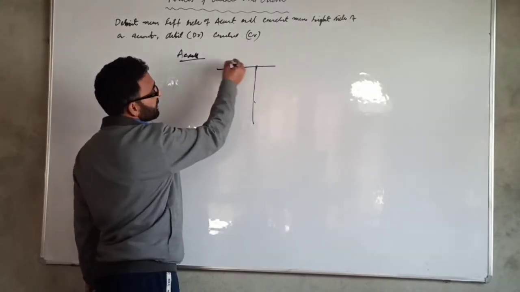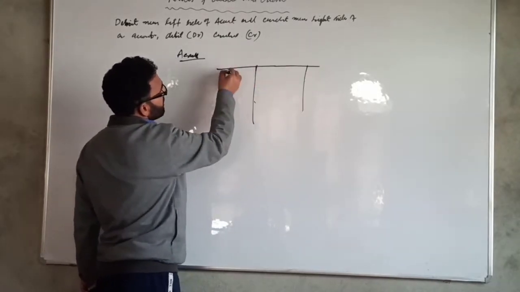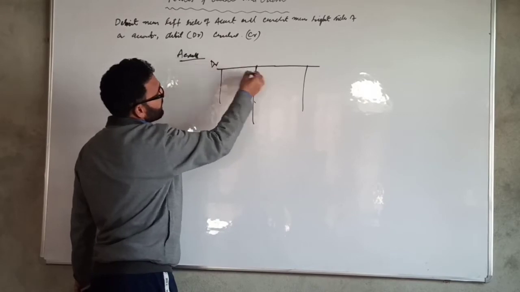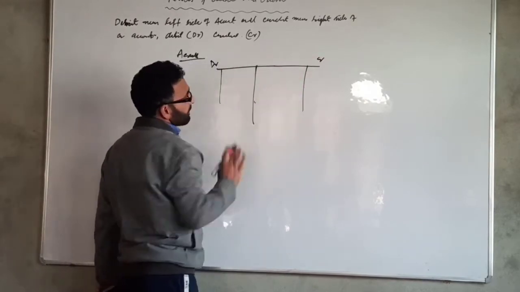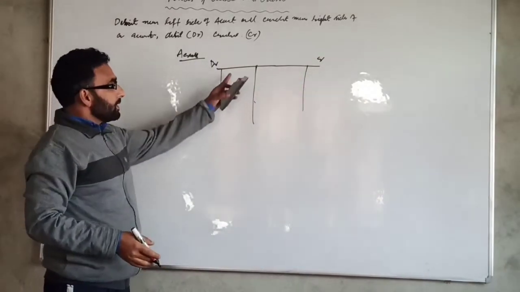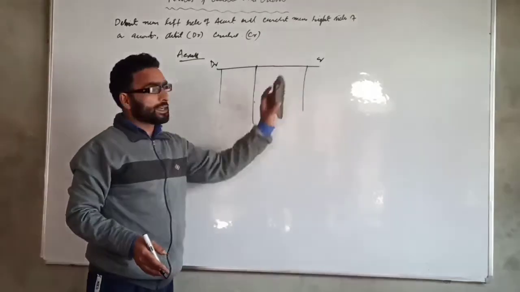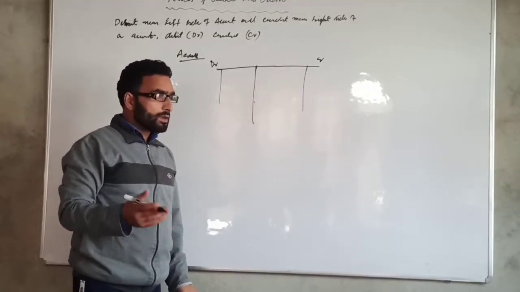The left hand side of the T is the debit side, and the right hand side is the credit side.